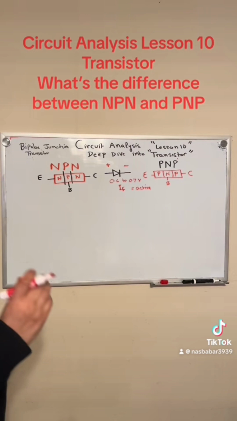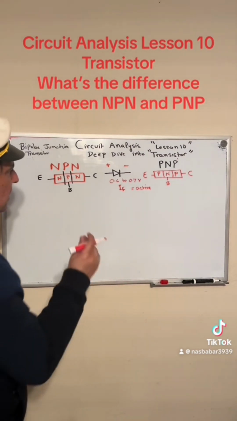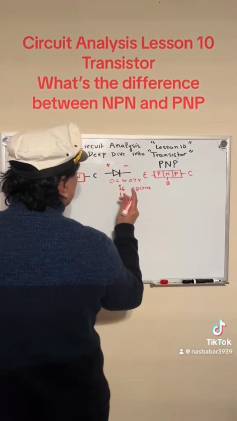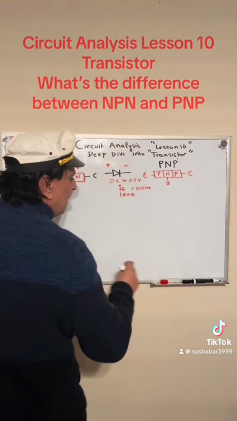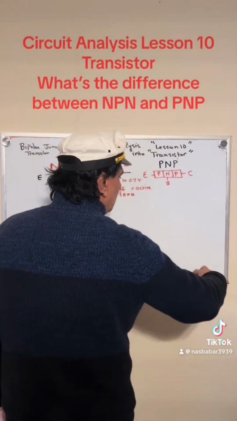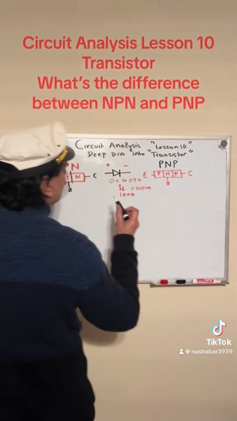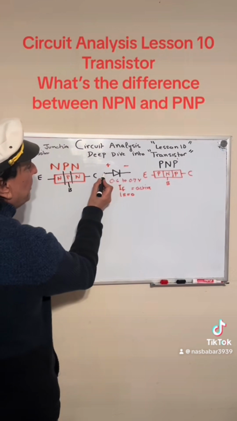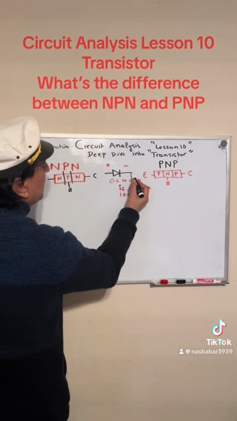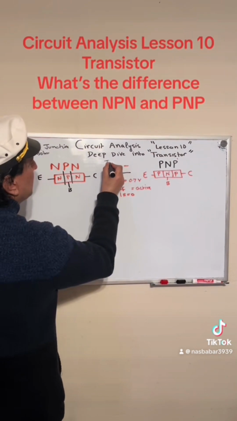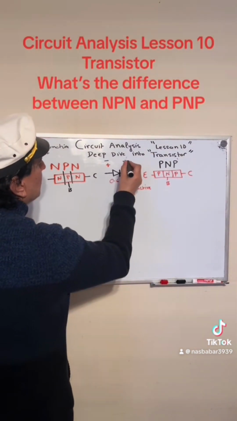Now, if there is no voltage, okay, then your I of R will be 0. So, for example, I go and change the polarity of the diode. Right now I've got the positive of the battery connected here, negative of the battery connected here. If I change this, make this minus and make this plus, right?